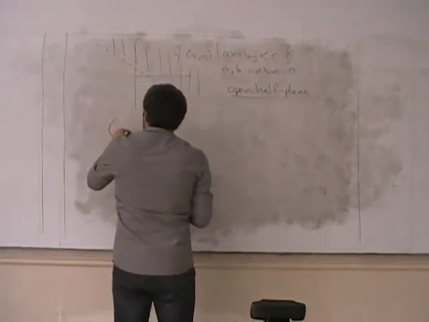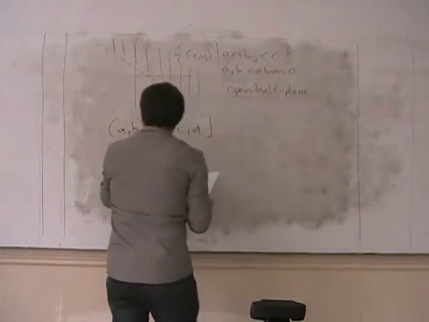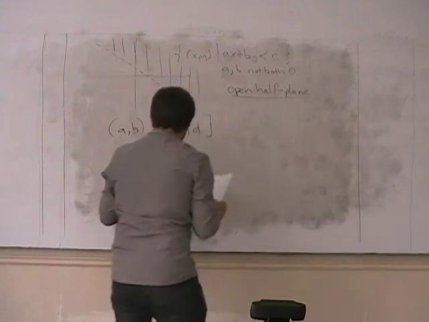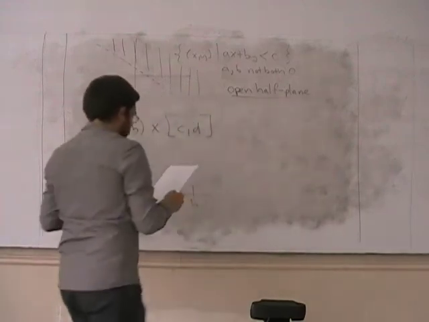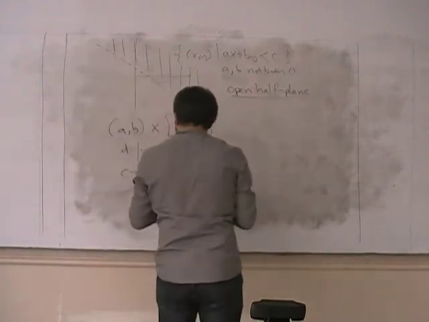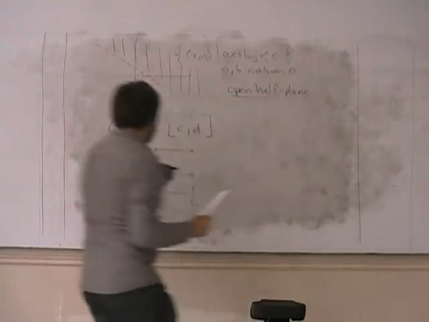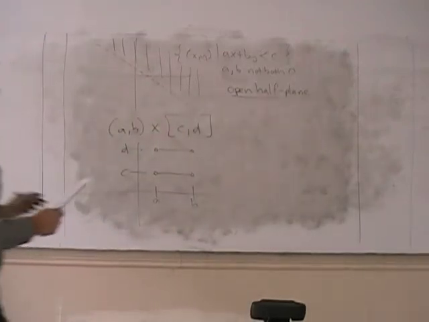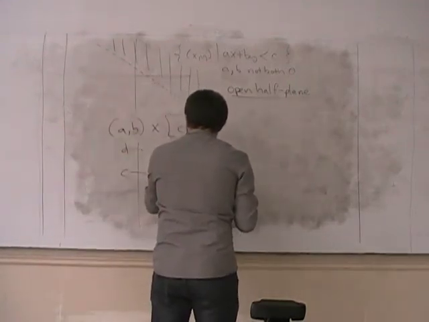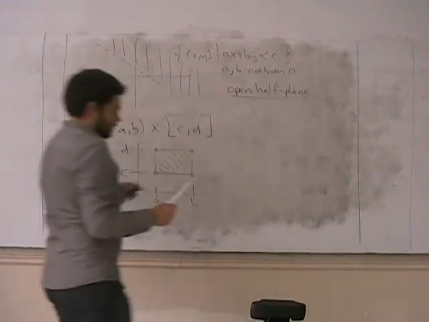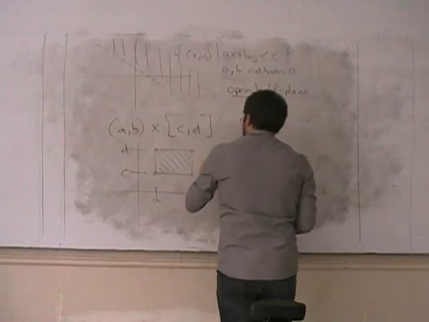For example, if I take an open interval times a closed interval, it will look something like this. Draw two line segments, like those two open line segments, and so you can think of it graphically like this. This set is neither open nor closed.